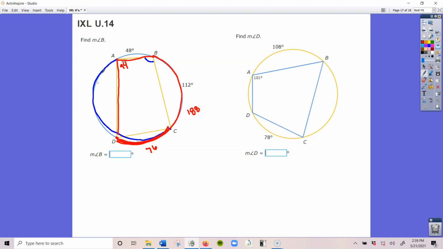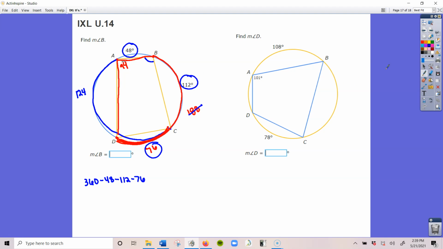Now I want to figure out this leftover arc. So that one there, like I said, we have all of these. I'm done with that. We have the 48, the 112, and the 76. So to get that leftover, we would do 360 minus 48 minus 112 minus 76, which would give us 124.